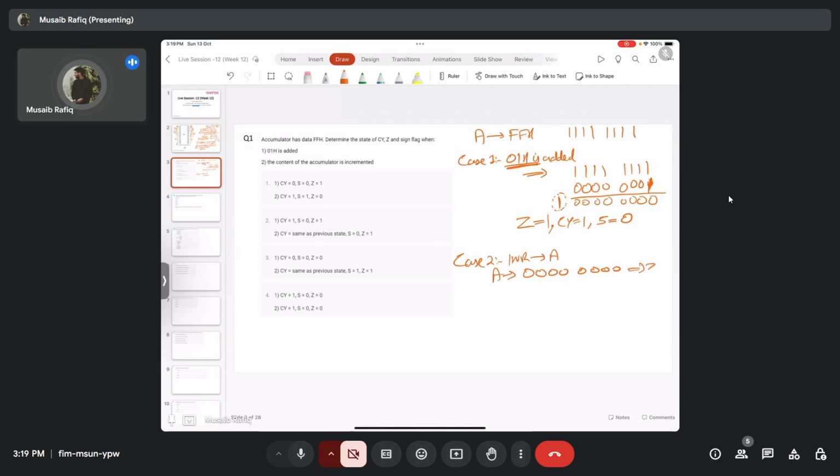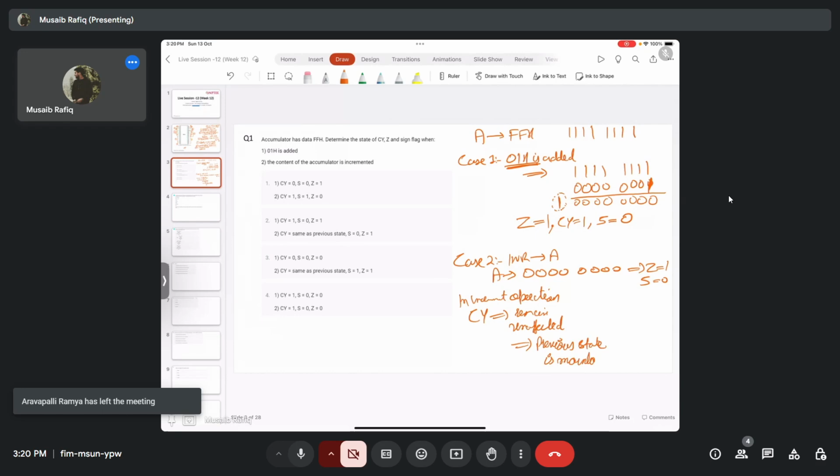That implies zero flag will be 1, sign flag will be 0. And as I said, in increment operation, carry flag remains unaffected. That implies previous state is maintained.